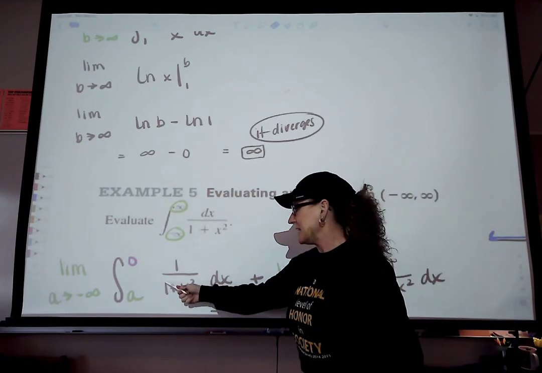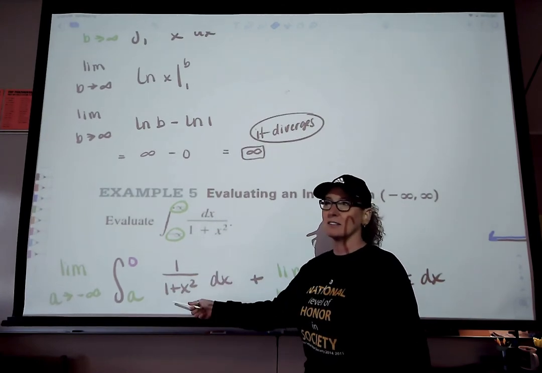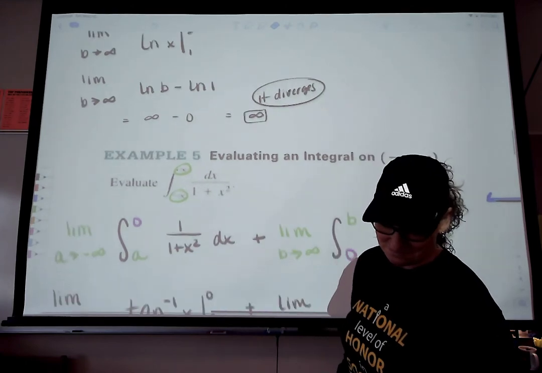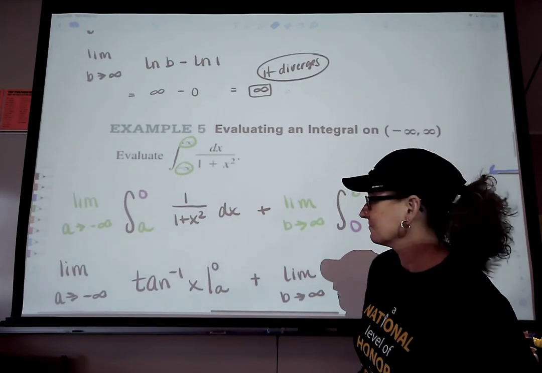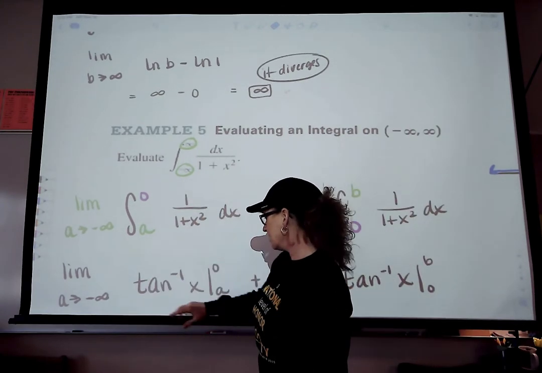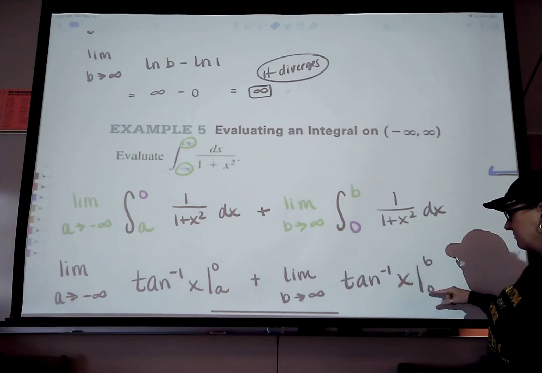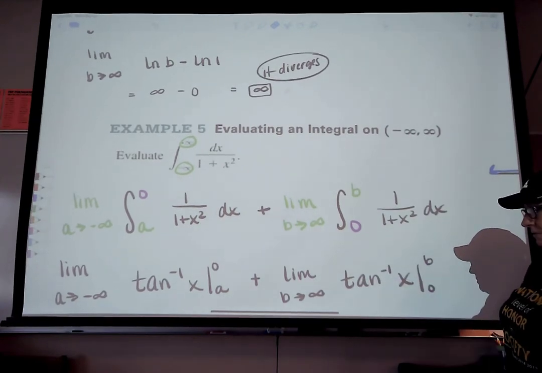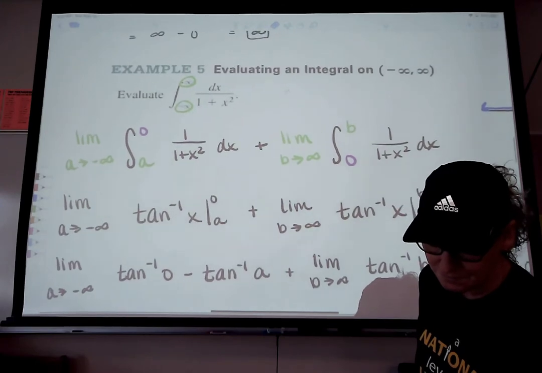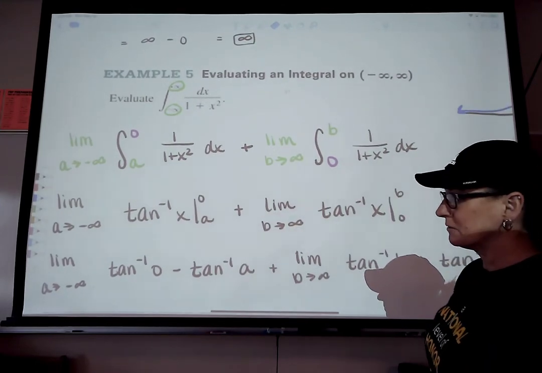I hope you kind of recognize this as, oh, that's one of those things, it's tangent inverse. So the antiderivative is tangent inverse. I got to go from 0 to A, tangent inverse 0 to B. Sub them in.